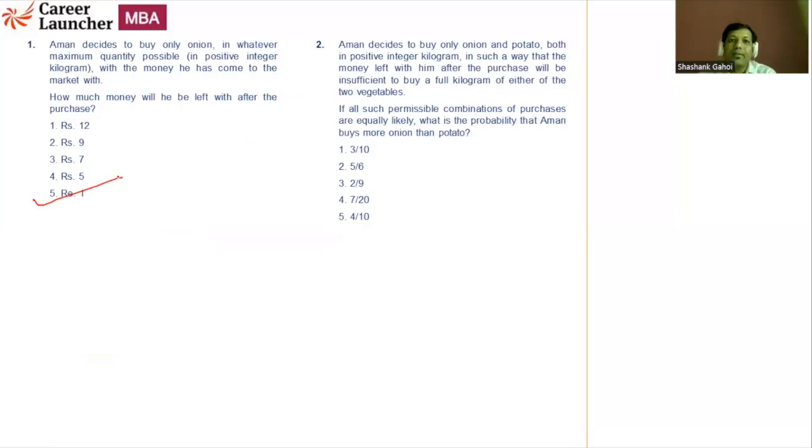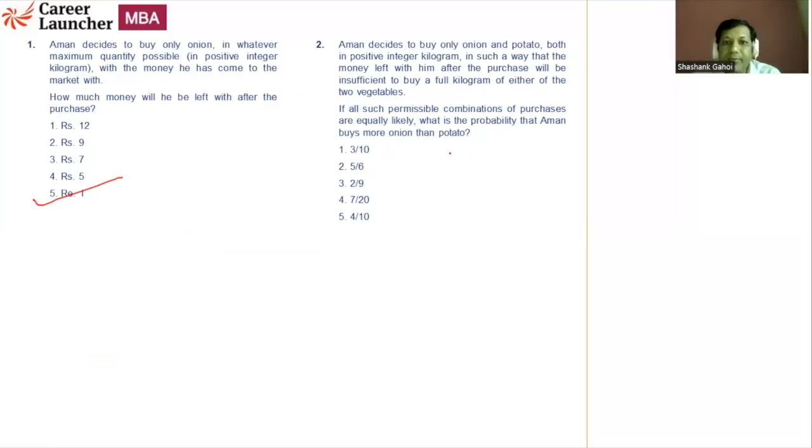The next one: Aman decides to buy only onion and potato, both in positive integer kilograms, in such a way that the money left with him after the purchase will be insufficient to buy a full kg of either of the two vegetables. So basically, the price of potato is 5.